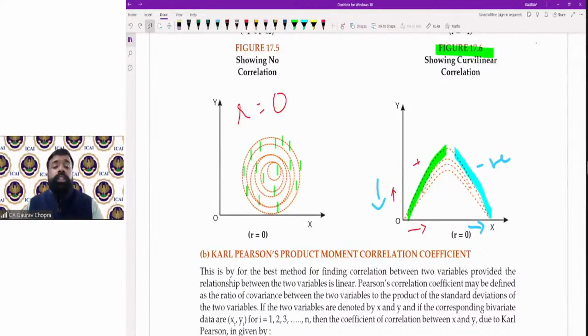So this was the first method, that is scatter diagram. Now, what is the drawback of this method?